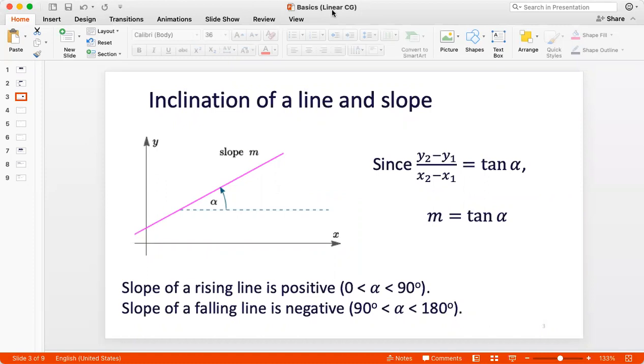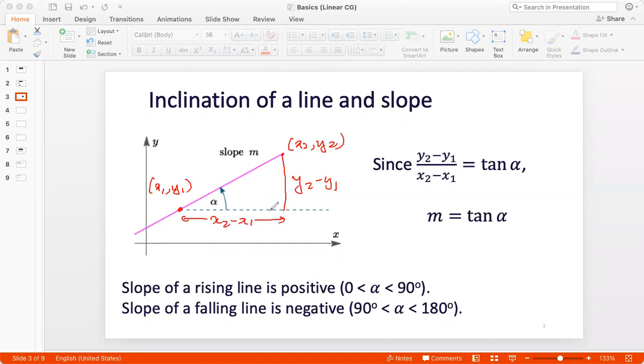Let's say that the line makes an angle alpha with the x-axis, and let's say that this point is x1, y1, and this point is x2, y2. Then I know that this distance is y2 minus y1, and this distance is x2 minus x1.